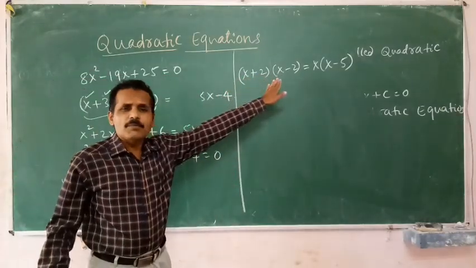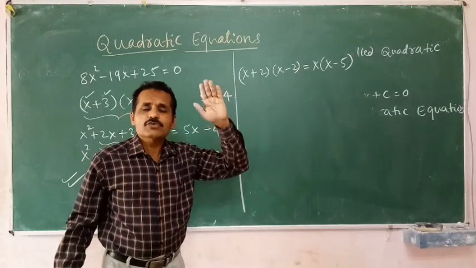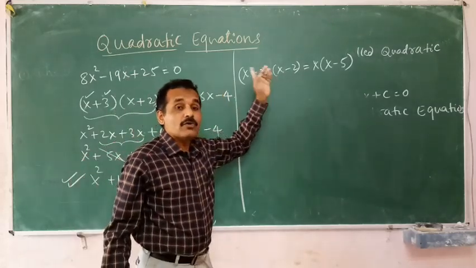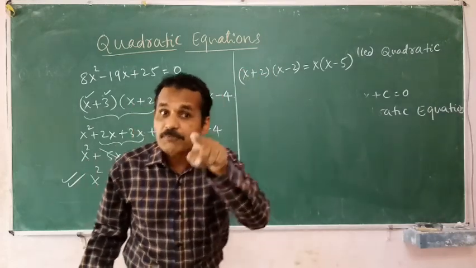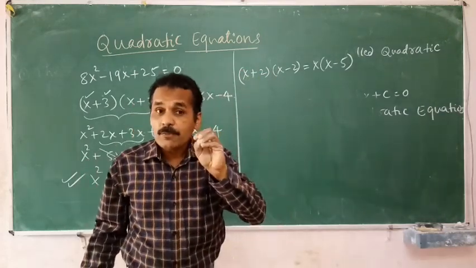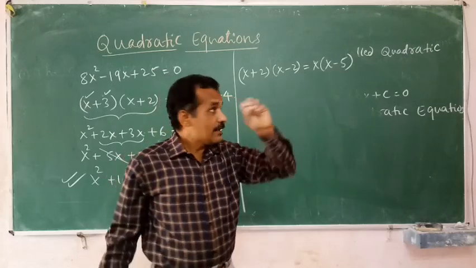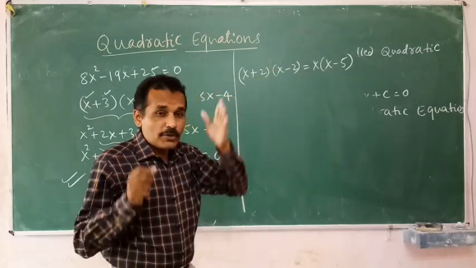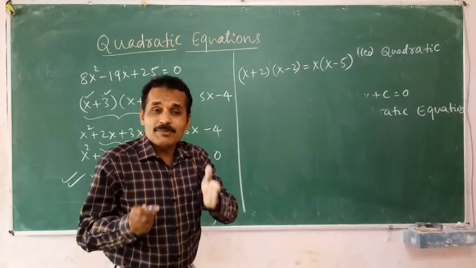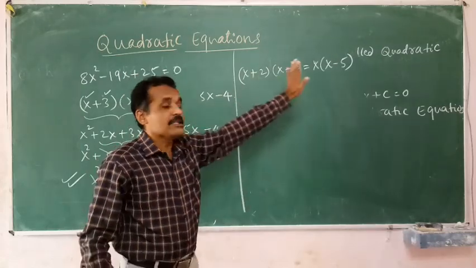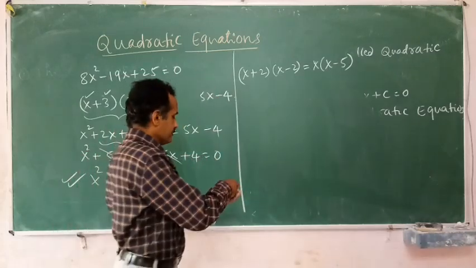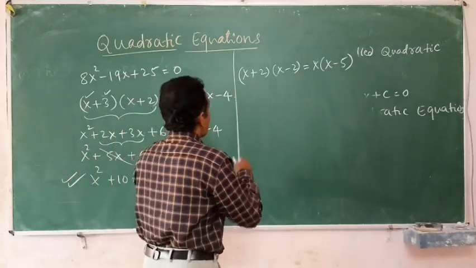Just by seeing the problem, definitely it is not possible to say whether the given equation is quadratic or not unless you simplify it. After seeing the problem, if you want to decide whether the given problem is quadratic or not, just by seeing the problem it is not at all possible. You have to simplify it. Come on. Let me start.